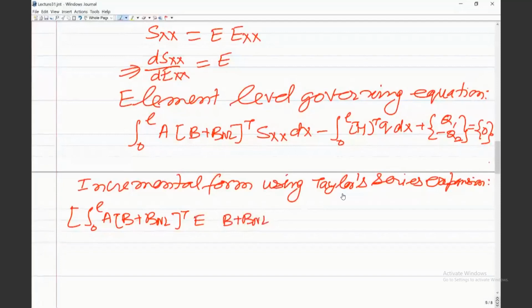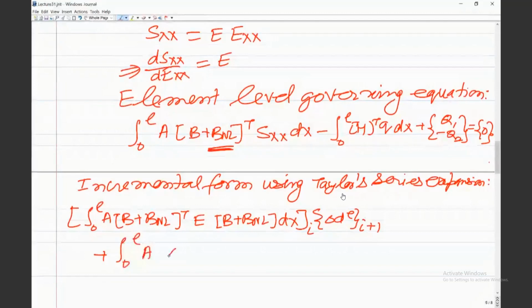So delta of Sx is written as E into delta of Exx, and delta of Exx is written as B plus BNL into delta D. This integration is evaluated at the previous iteration, into delta DE at the current iteration i plus 1. Plus we will have, as we said, the gradient of this BNL. So the second term again has integration 0 to L and A, and into delta BNL transpose into Sxx.